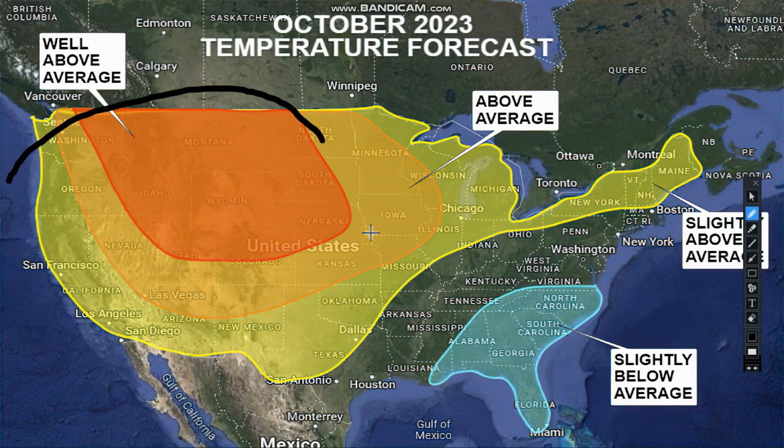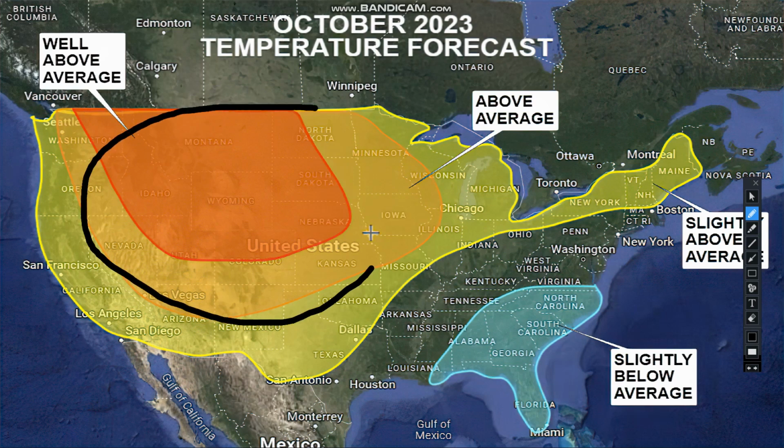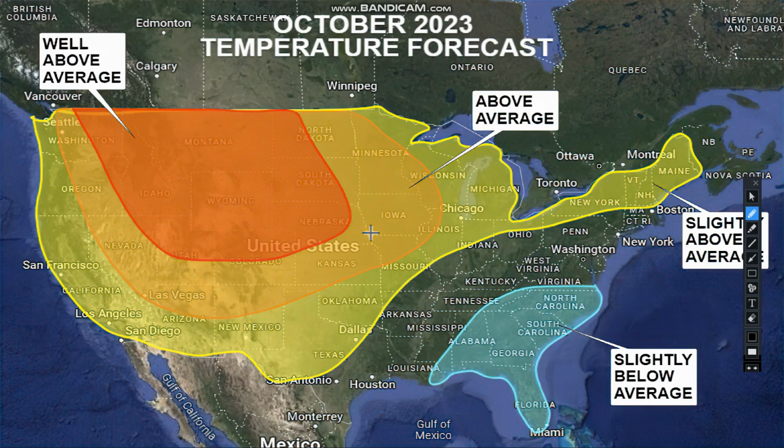I'm saying ridging and troughing a lot in this video because it matters. So I do believe that we're going to have these really warm areas. There's going to be higher confidence. So we're going to see warmer temperatures, especially over the north and central United States. And this could even extend up into New England as well. Could see some slightly above average temperatures at times, but it could turn around potentially later in the month.